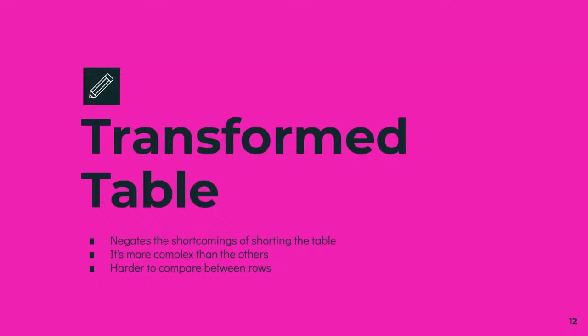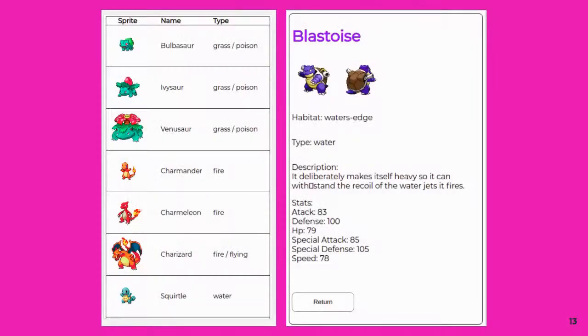For the next case, we will have the transformed table. It's similar to the shortened table, but it's also more complex than the other ones, because you are applying a transformation. Let me show you. If you click on your Pocket Tables app, you will get it there. There it is.